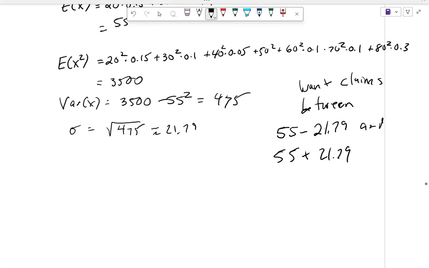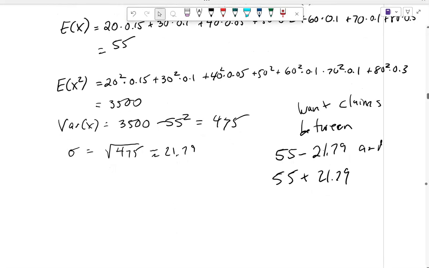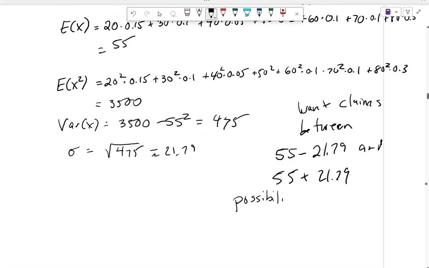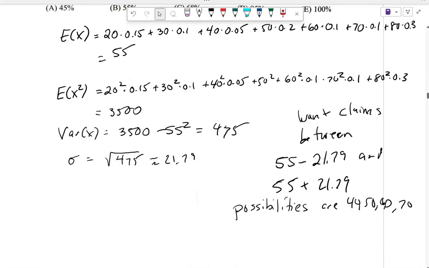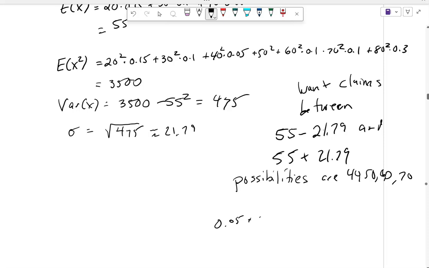So the possibilities are 40, 50, 60, and 70. And your probabilities then were, don't remember, 0.05 plus 0.2 plus 0.1 plus 0.1. You get 0.45. So that's the 45%. Is that okay?